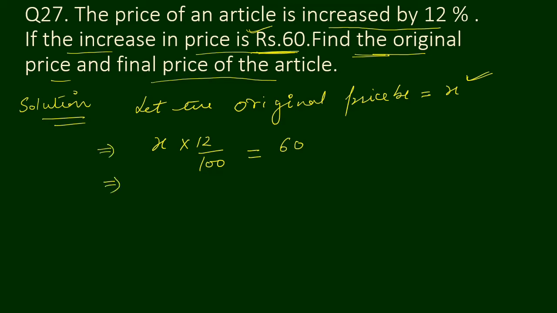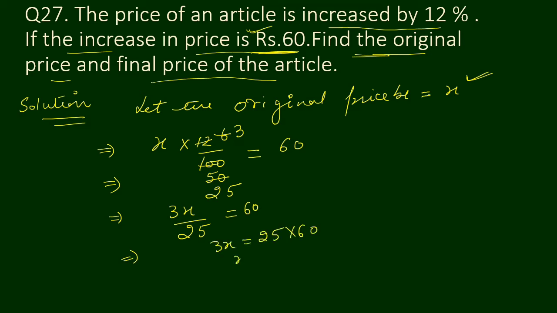Now you will cancel it. 2 sixes are 12, 2 fives are 10, 0 as it is, 2 threes are 6, 2 twos are 4, 2 fives are 10. So here you got 3x upon 25 equals 60. 3x equals 25 into 60, x equals 25 into 60 upon 3. 3 ones are 3, 3 twos are 6.